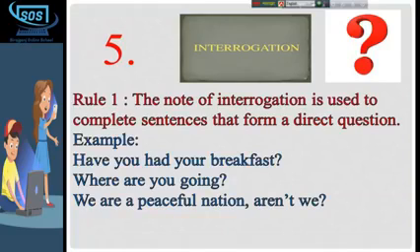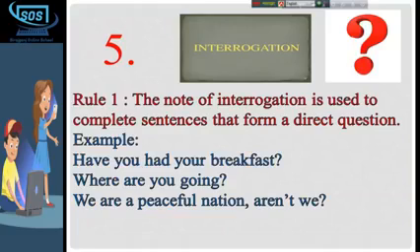Here are three examples. Have you had your breakfast? Where are you going? We are a peaceful nation, aren't we? The last one is a tag question.